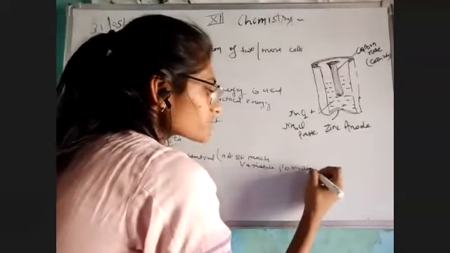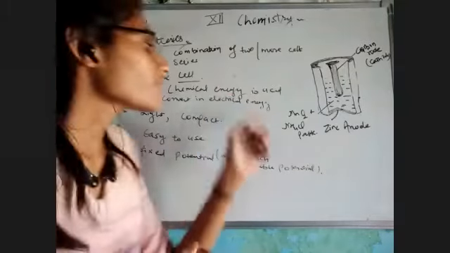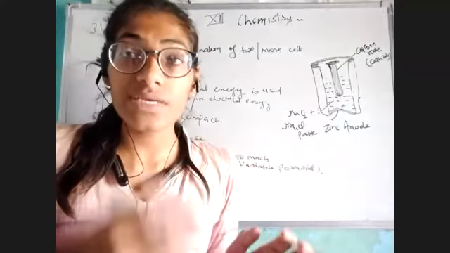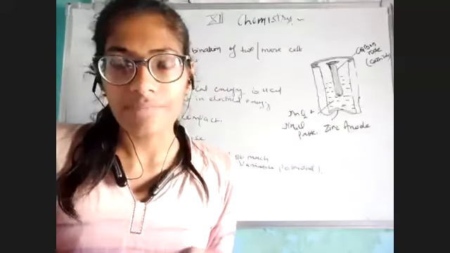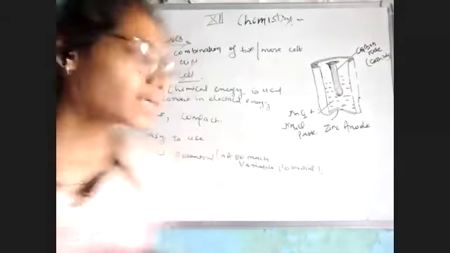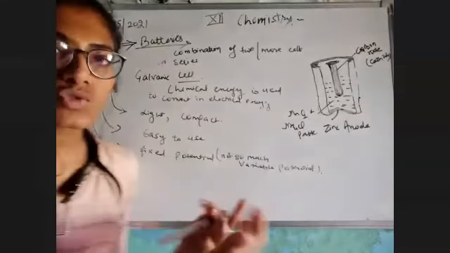See students, we use batteries or cells so that they provide us some kind of electrical energy, right? And if they are providing us electrical energy, that energy must be fixed. That should not be so much varied.